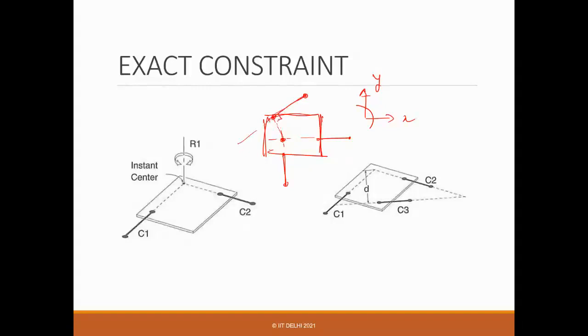In order to have this rotation, because if I want to rotate, this point can move along this line. This point can also move at a right angle, right? But if I have this constraint, can I move along this line? This is not possible because this is putting a constraint along this line. So it means the rotation can be stopped by this constraint itself.